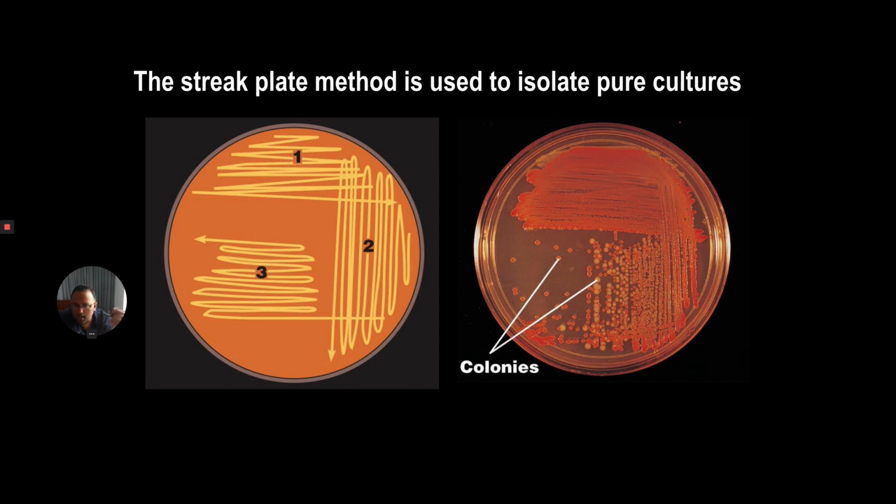So it would spread out the bacteria that's in stroke one. And then you would do stroke three, which would spread them out even further. By the time you're getting to stroke three, you should see individual bacteria, which we can then pick and say this represents a single bacteria with a single set of characteristics.